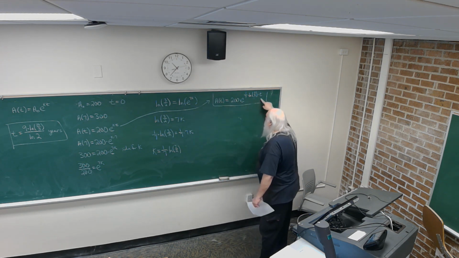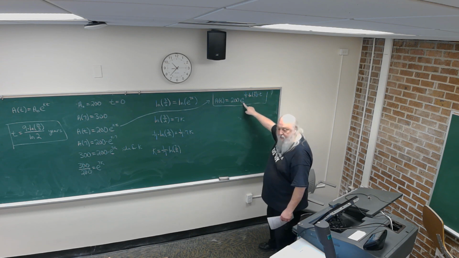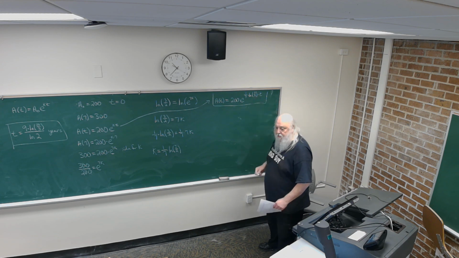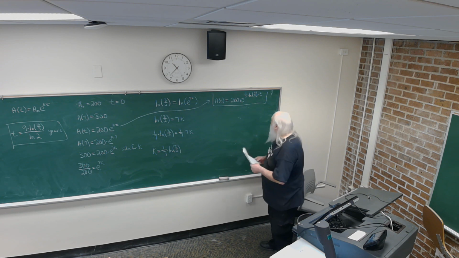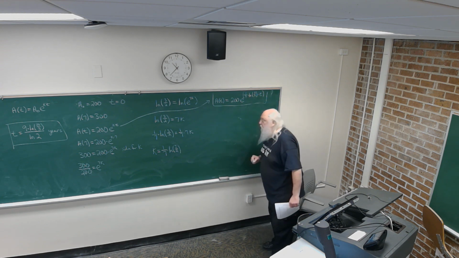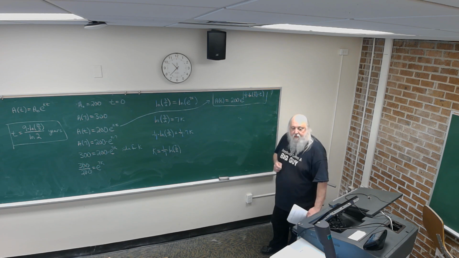Again, all this is an exponent on the number e. This is e raised to the 1/7 times the natural log of 3/2 times t power. So if you want, you put all that in parentheses to indicate it is all an exponent of the number e.